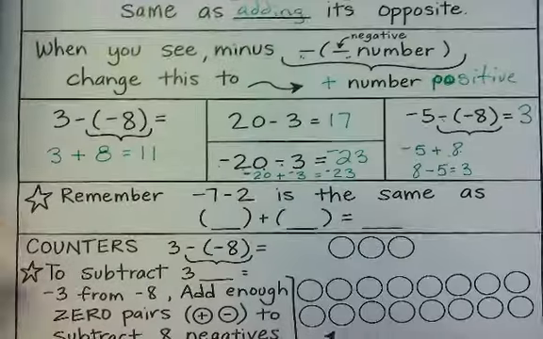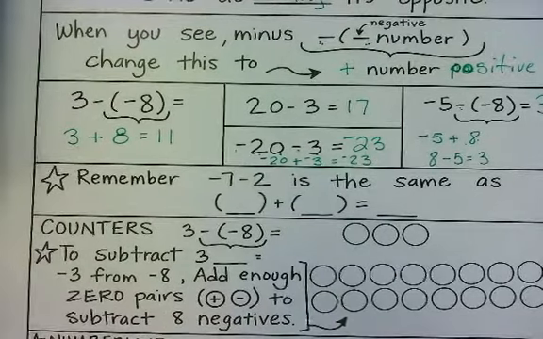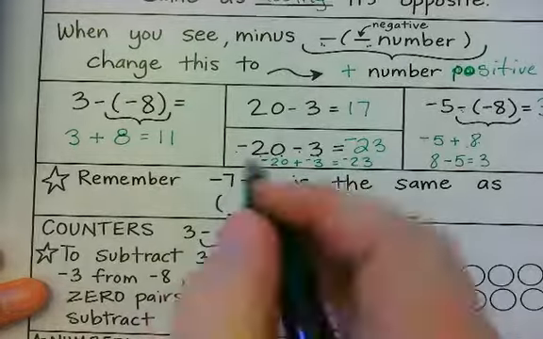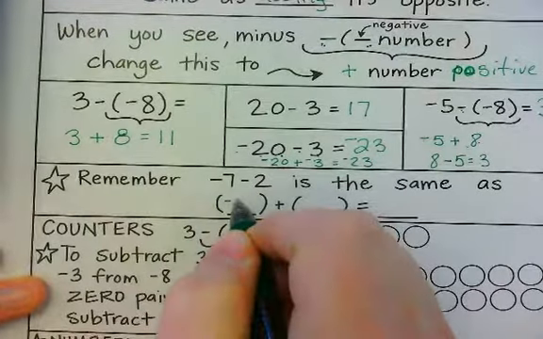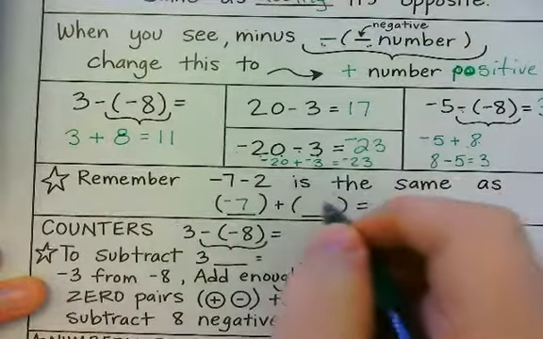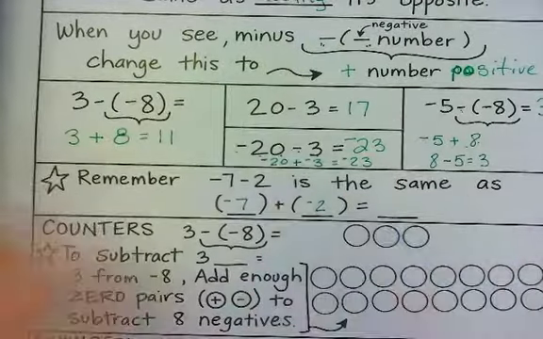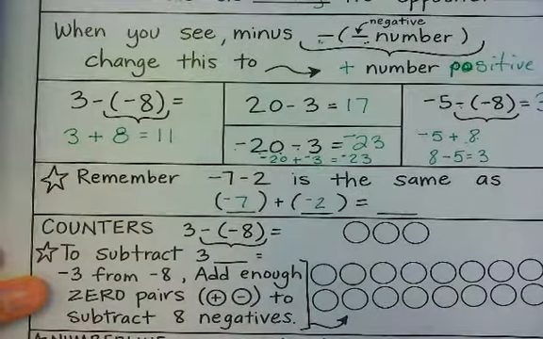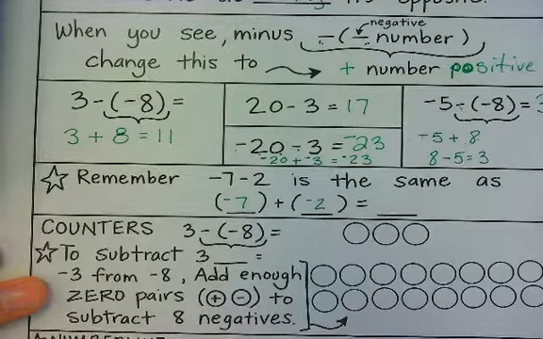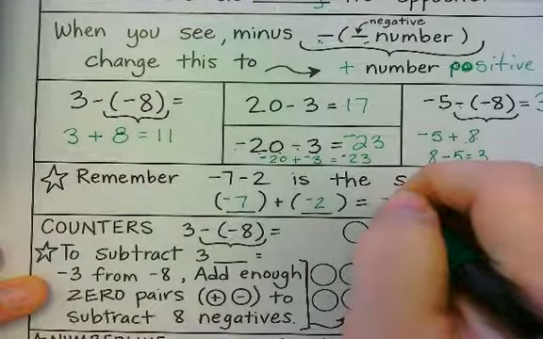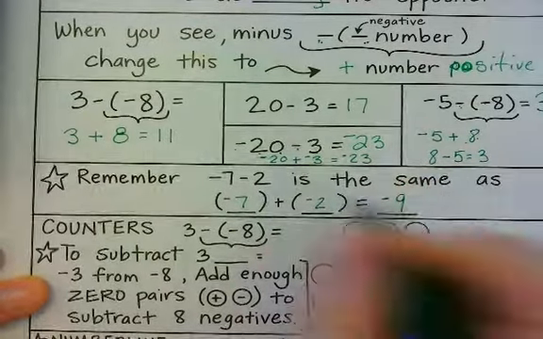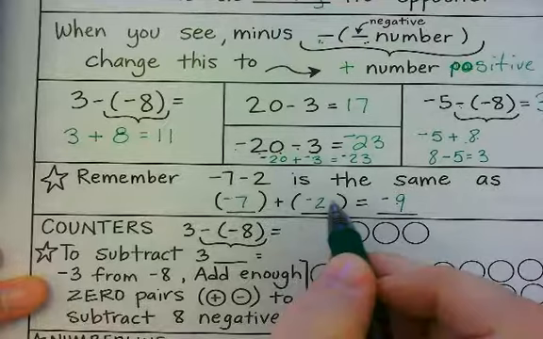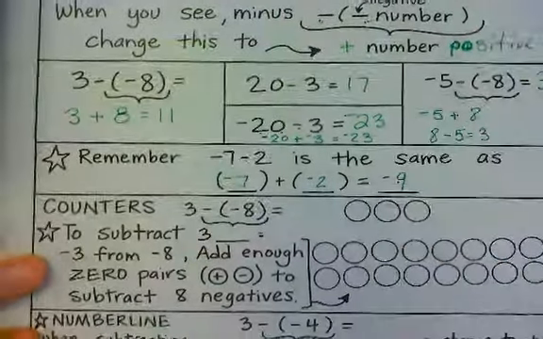Okay. Next, remember negative 7 minus 2 is the same as negative 7 plus negative 2, which we just mentioned. And that will give us a negative 9, because 7 plus 2 is 9, and we keep that negative.